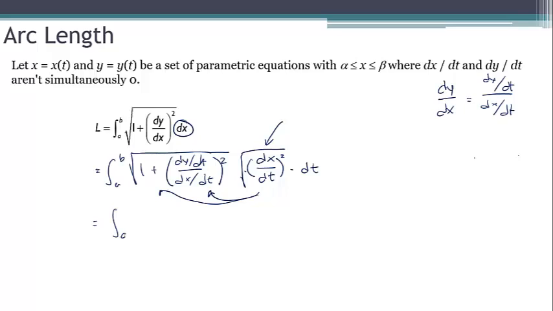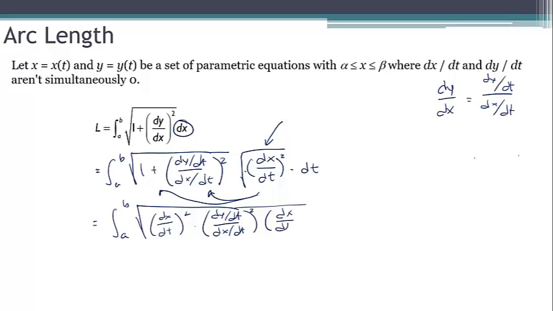This becomes the integral from a to b of the square root of ((dy/dt) over (dx/dt)) squared times (dx/dt) squared.